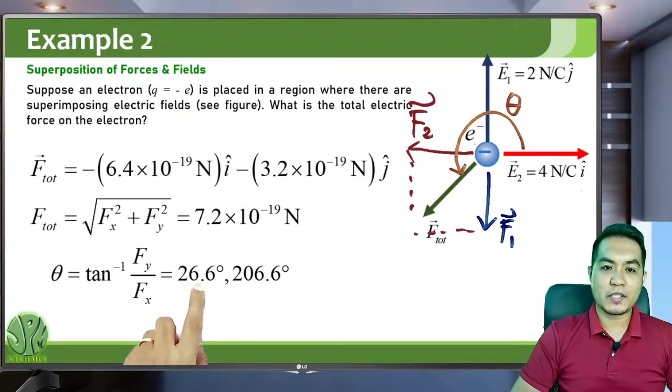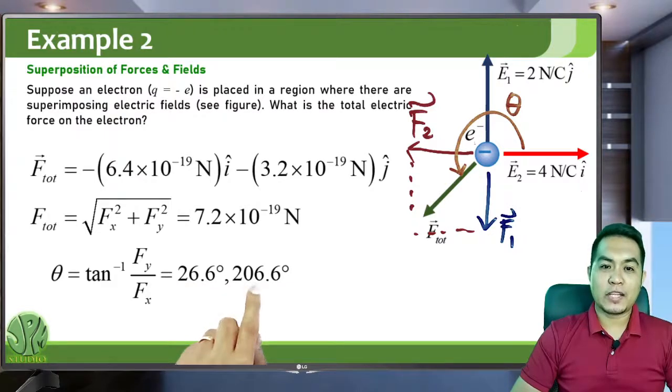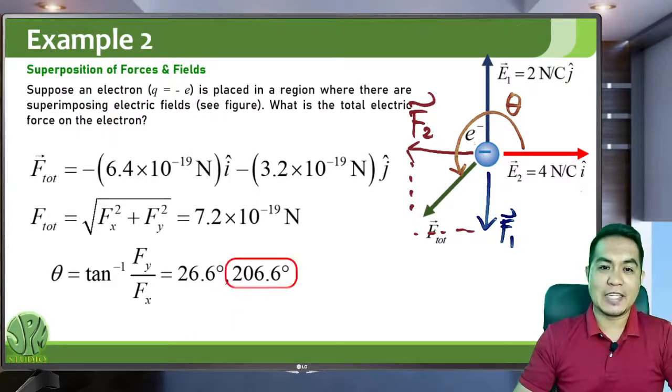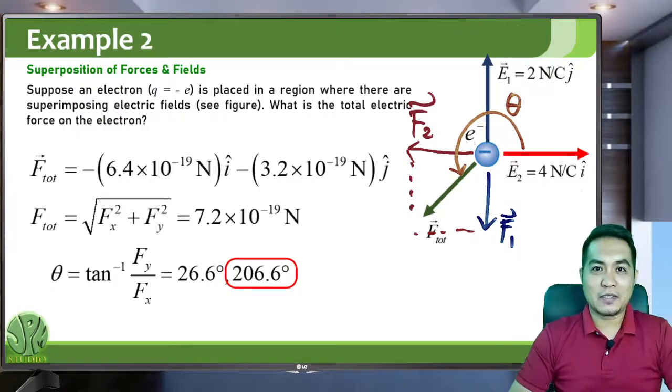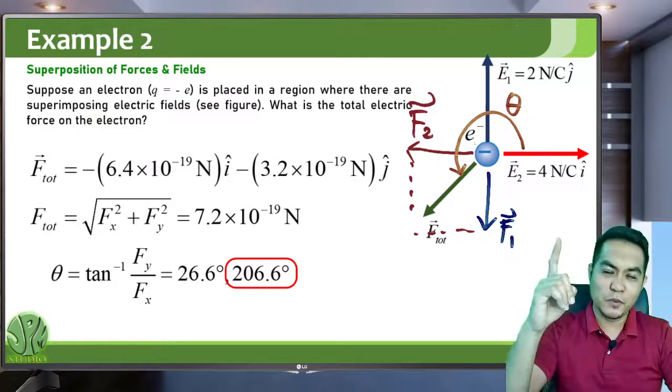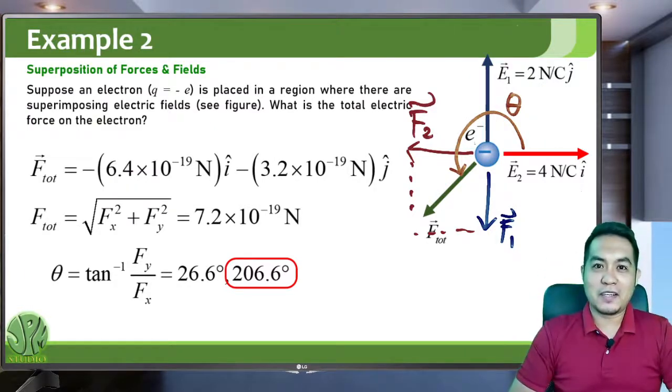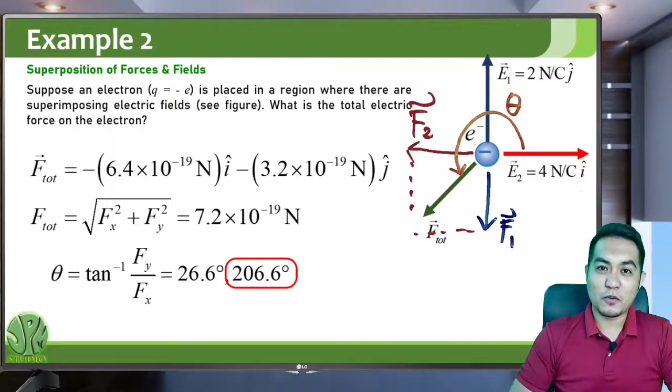So, 26.6 plus 180, you get 206.6. And this is now the correct angle. So take note, your calculator can only give you one value for tangent. And it's up to you to determine whether that is correct or not, depending on what quadrant your vector is located.